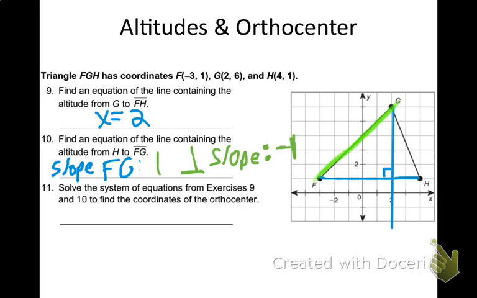We found the perpendicular slope. So when I'm looking at this green line right there, I want to draw the altitude to this green line. What coordinate am I going to use? Am I going to use F, G, or H?